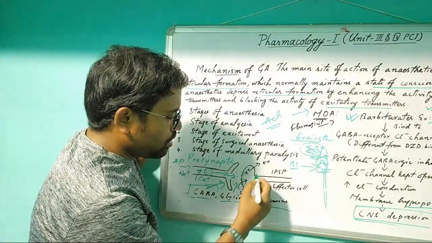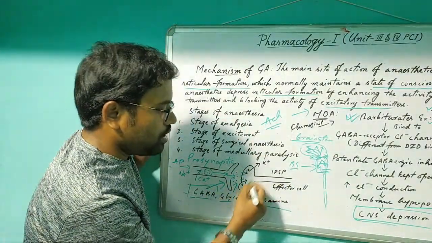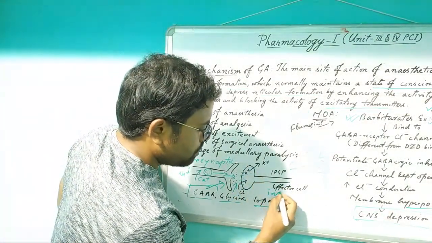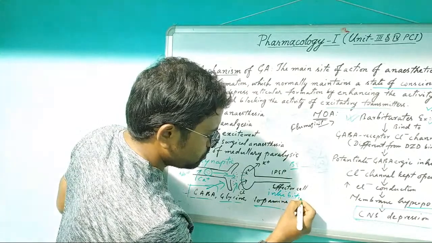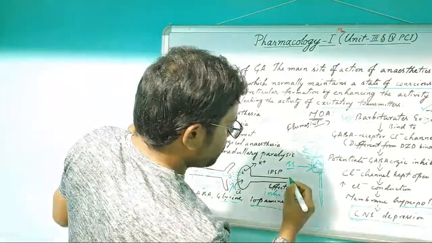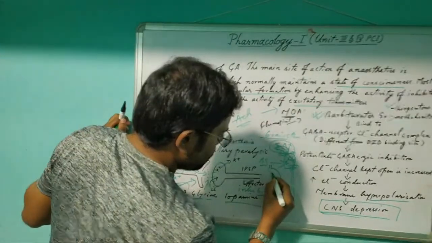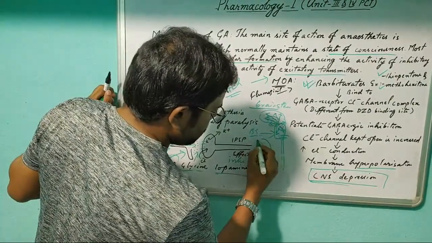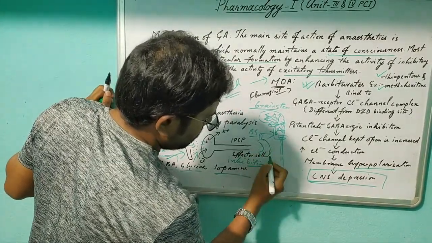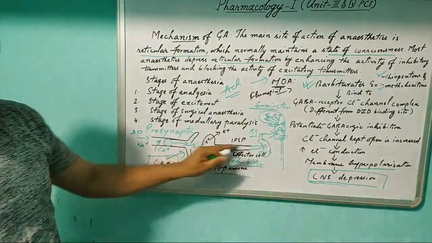Then potassium comes out and chloride gets in. In that way inhibition occurs, which is hyperpolarization. So on that effector cell, suppose this is a kidney, I can roughly draw it. Suppose this nerve is connected here.